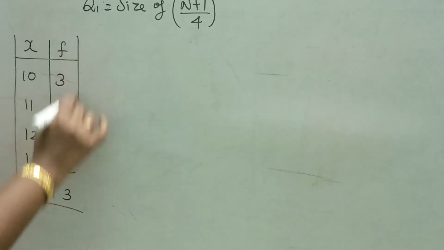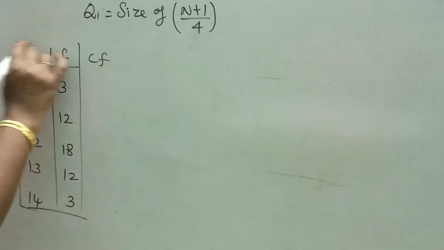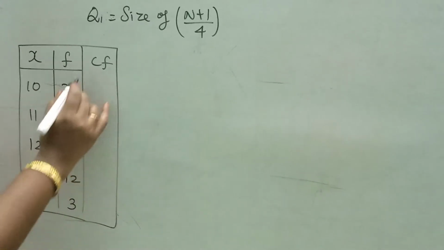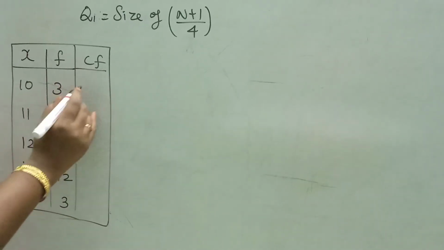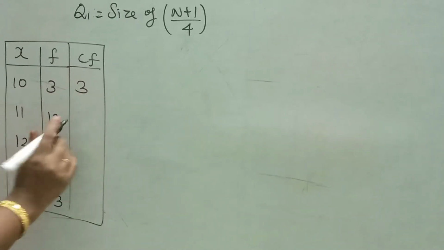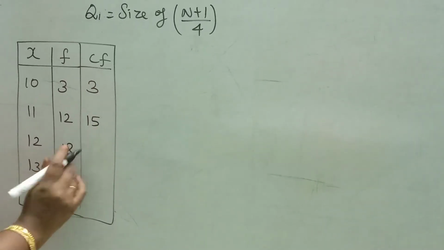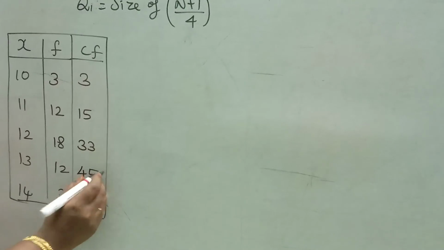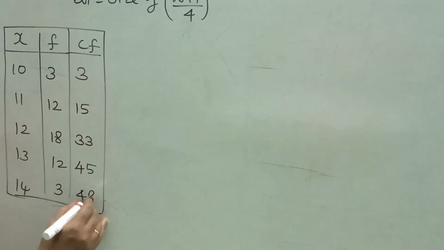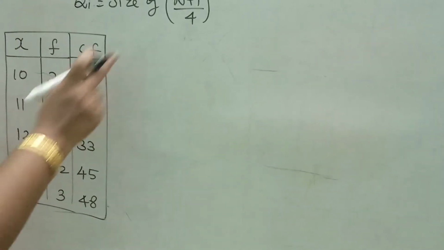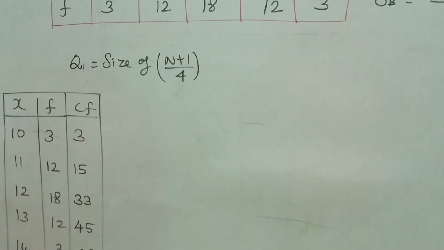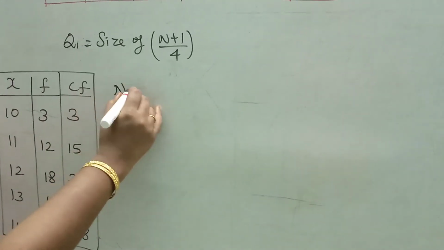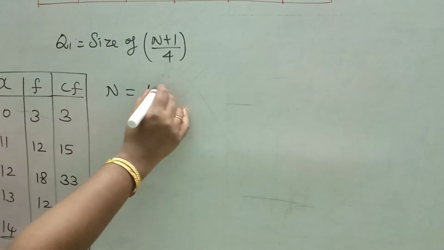The third column is our cumulative frequency column. First write the frequency as it is. 3 plus 12, 15, 15 plus 18, 33, 33 plus 12, 45, 45 plus 3, 48. Capital N stands for total frequency, in this sum it is 48.